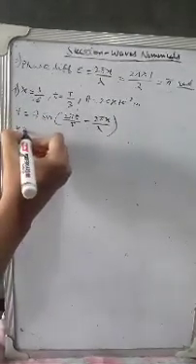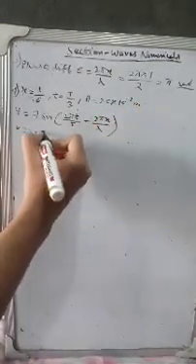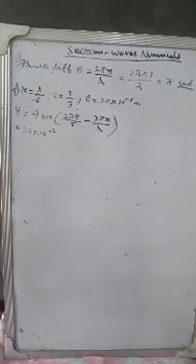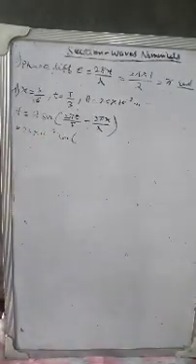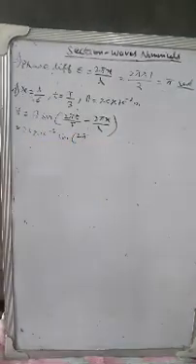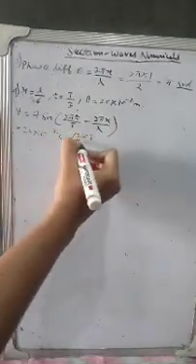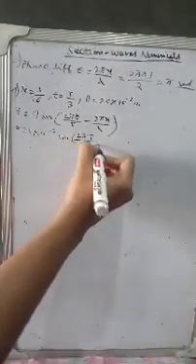So I'm writing it. 20 into, writing this value for the amplitude, into 10 to the power minus 2, sine within bracket 2 pi into big T by 3 into T. I will explain this, don't worry.